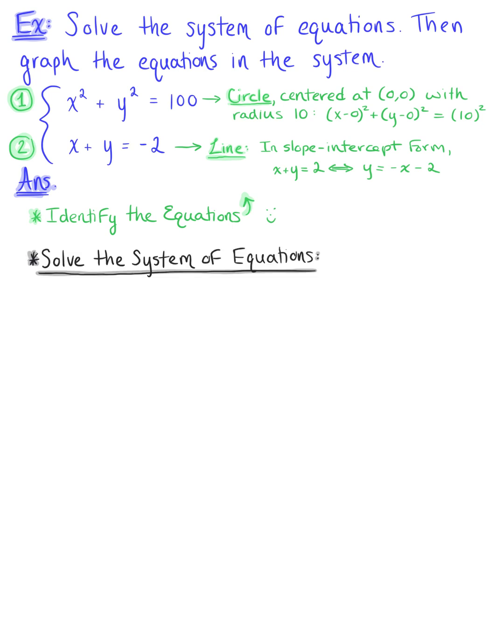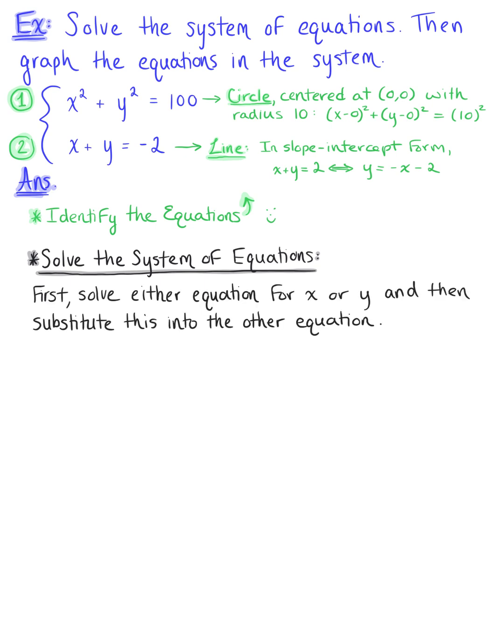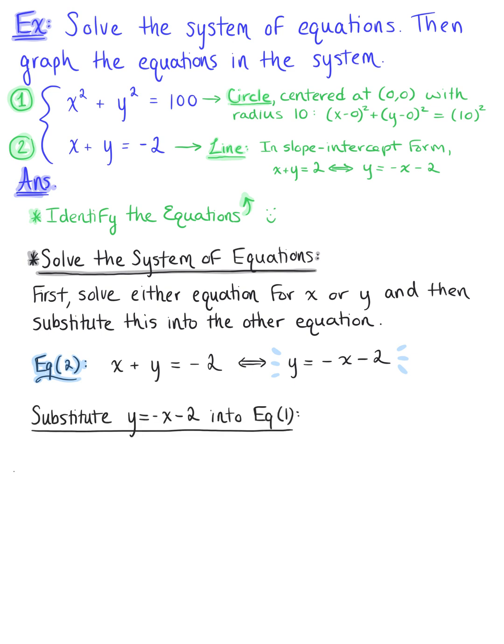Now, to solve the system of equations, we want to first solve either equation 1 or 2 for x or y, and then substitute that into the other equation. So considering that we already converted equation 2 to the slope-intercept form, y is equal to negative x minus 2, let's substitute equation 2 into equation 1.